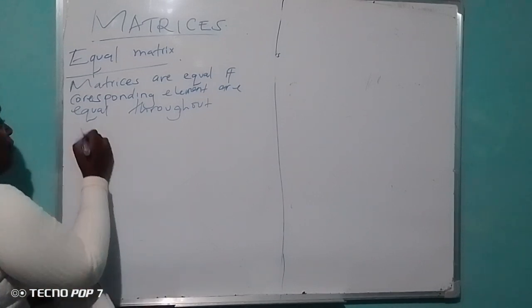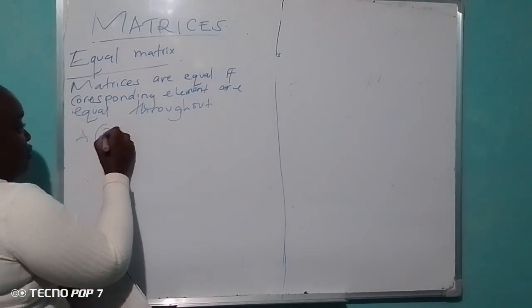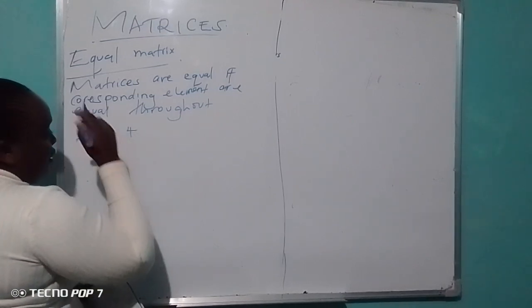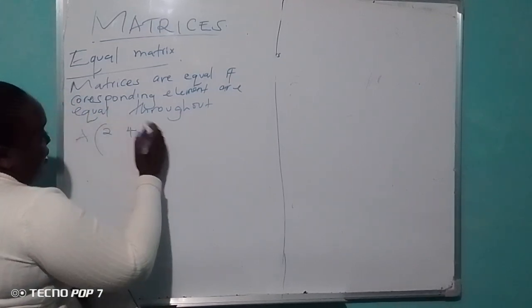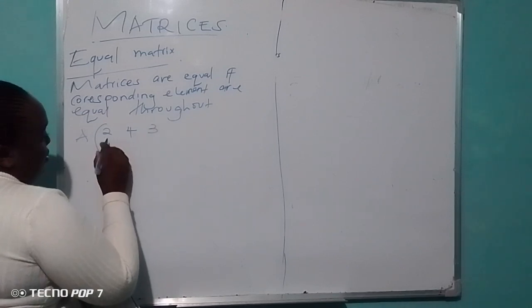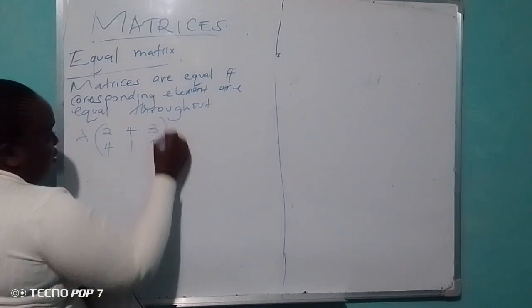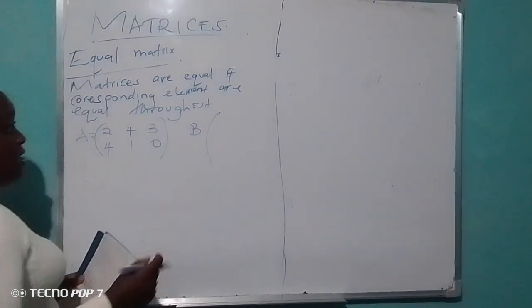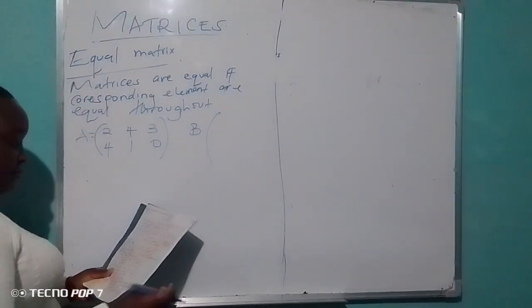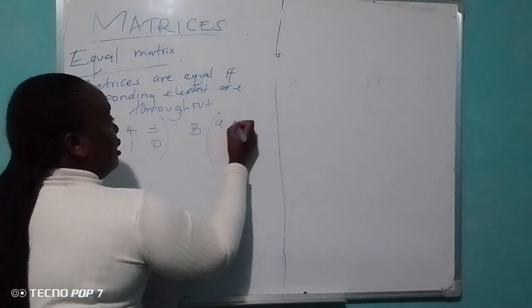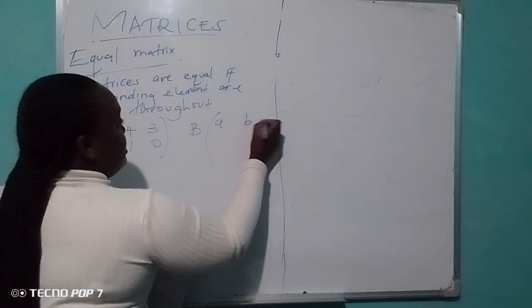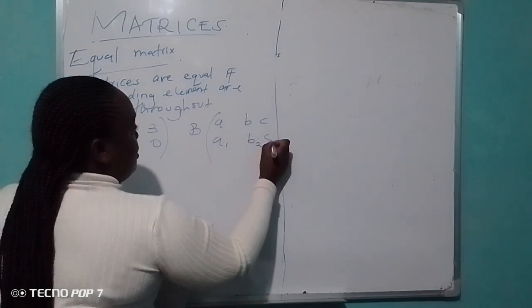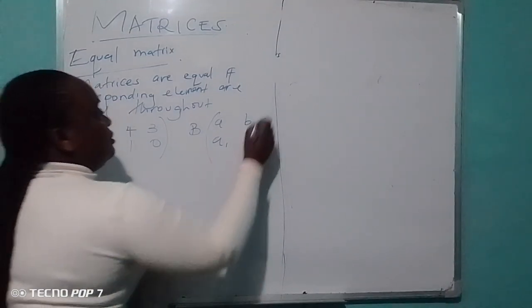So for example, if matrix A is 2, 4, 3, 4, 1, 0, and matrix B is a, b, c, a1, b2, c3.